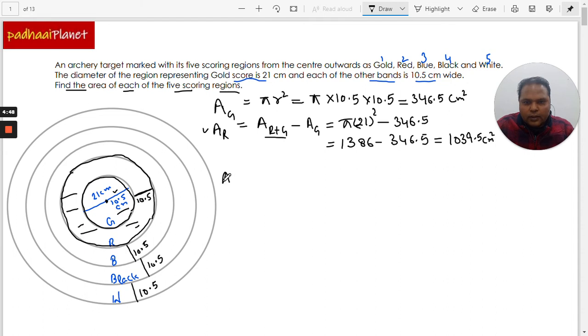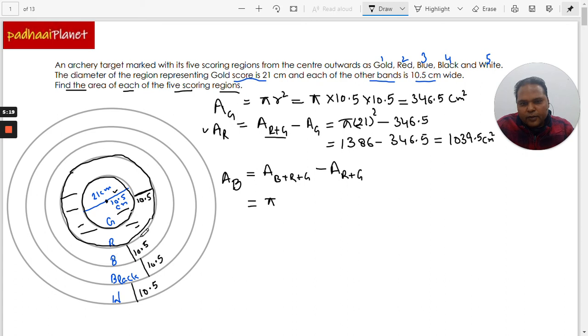Now let us find the area of the blue part. The blue part is the area of everything inside the blue circle, that is blue plus red plus gold, minus the area of red plus gold. Let us put the value of pi and the radius of this circle.